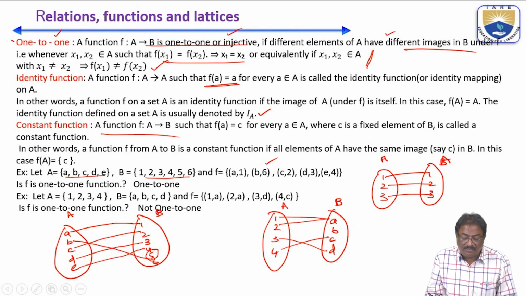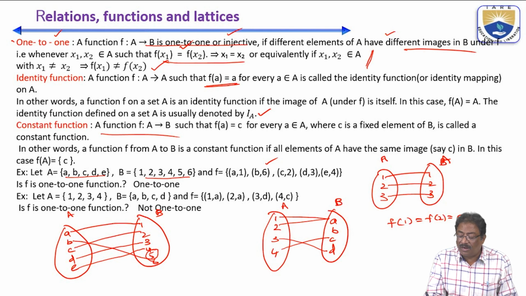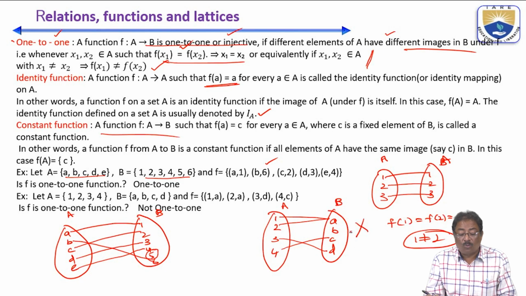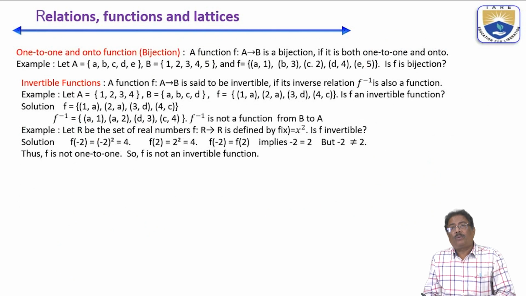If you observe this, is it one-one or not? Here f of 1 is equal to f of 2 is equal to a, so the images are equal, but 1 is not equal to 2. So we can say that the function is not one-one.